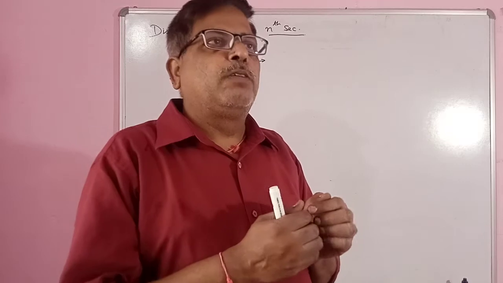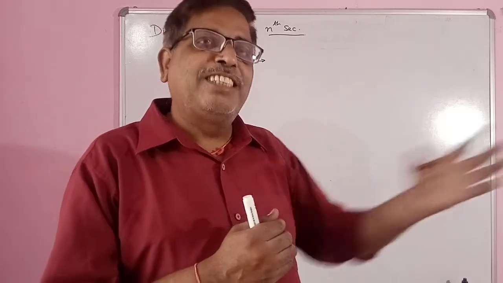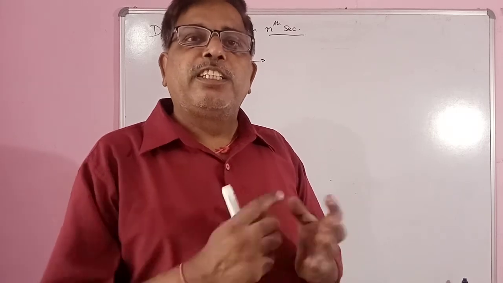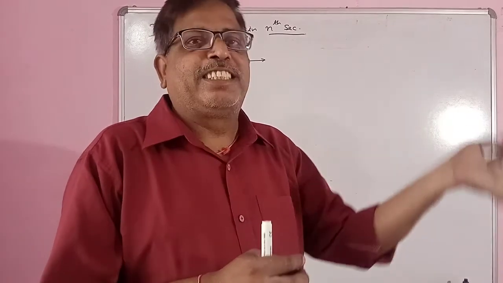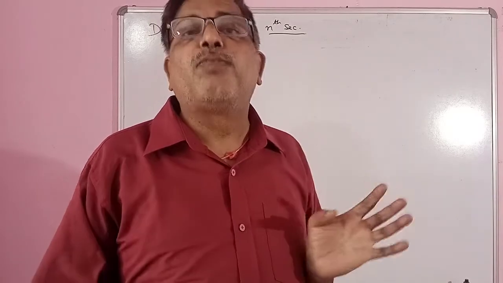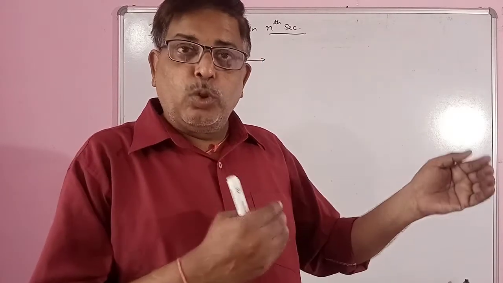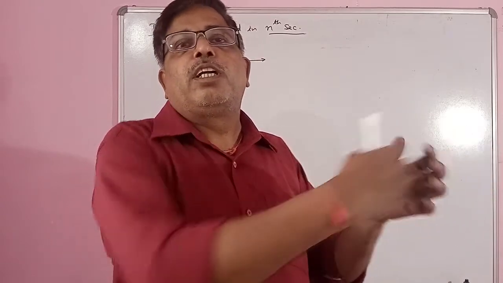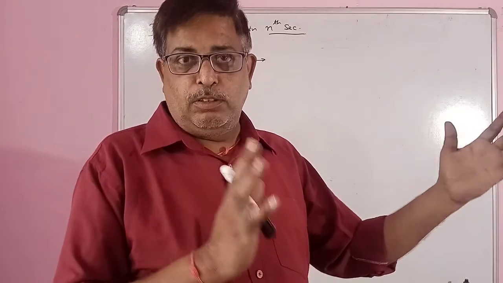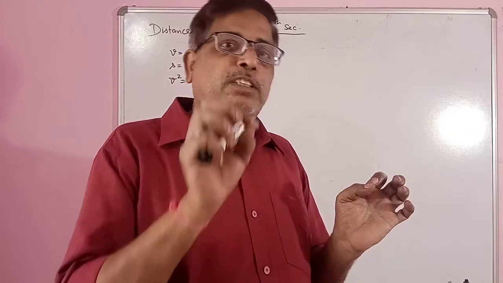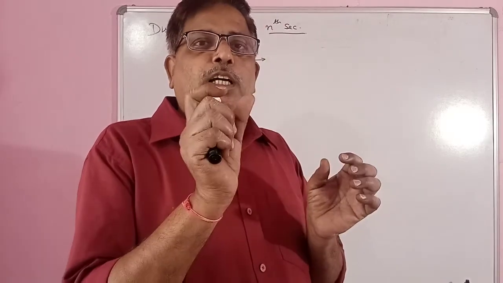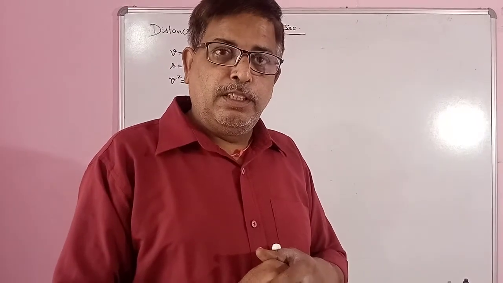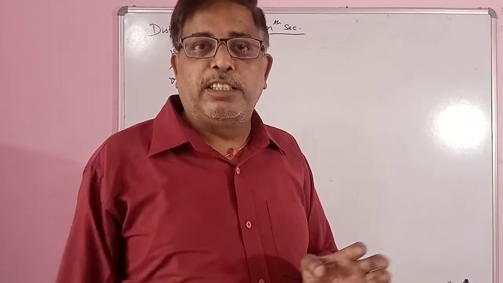If I am talking about distance traveled in 10 seconds, and second, distance traveled in the 10th second, this is the difference. I am not talking about total distance covered in total duration. I am just talking about distance traveled in a particular second. How much distance was traveled in a particular second.